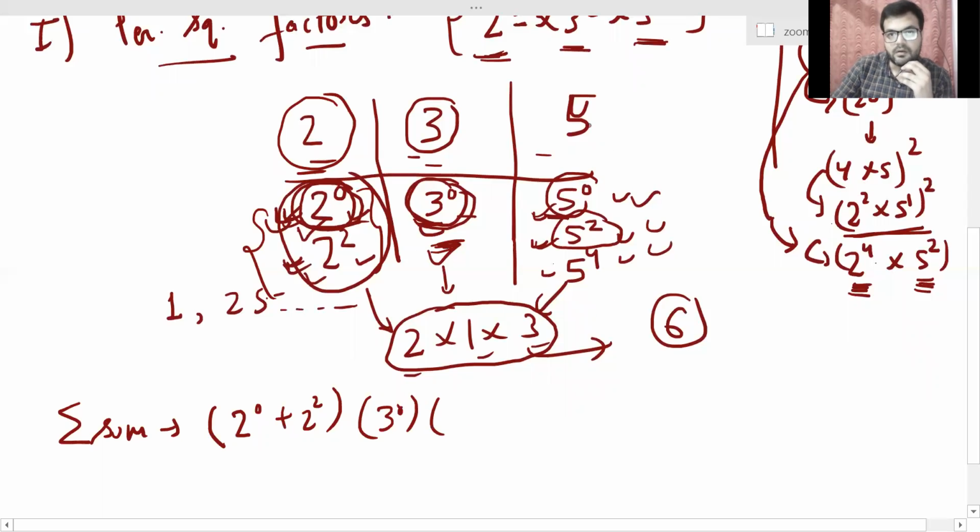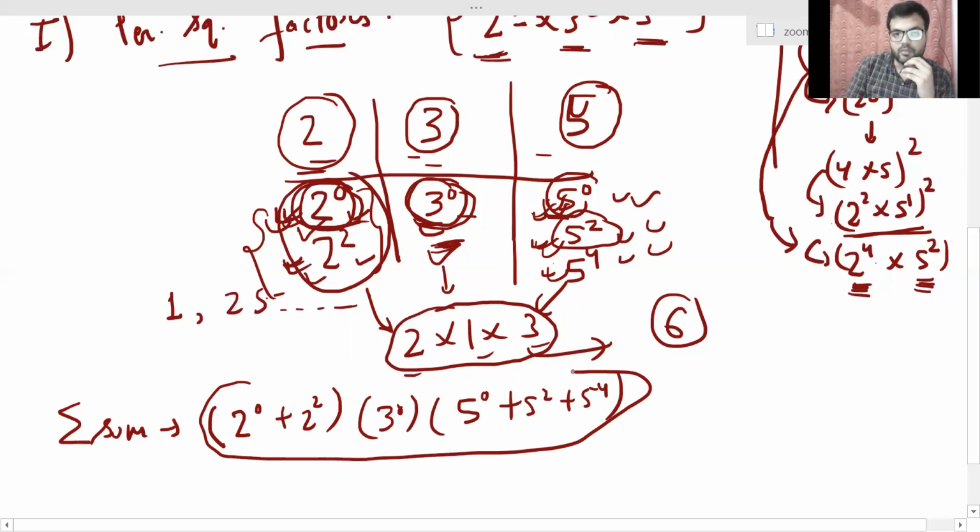Third bracket will be for the third prime number, which is 5. In the third column we have three numbers: 5 to the power 0, 5 square, 5 to the power 4. Simply add all of them: 5 to the power 0 plus 5 square plus 5 to the power 4. If you solve this, you will get the sum of all the perfect square factors.